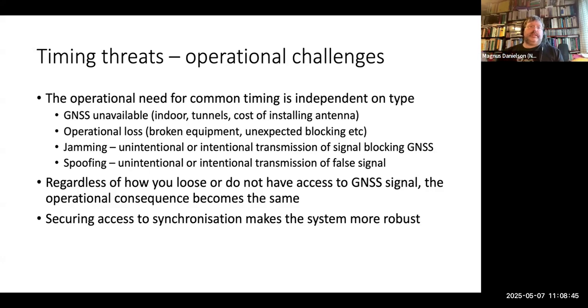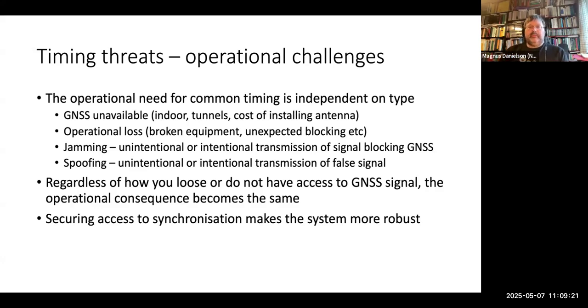So if GNSS is unavailable, you're indoors, in tunnels, there could be the cost of just installing an antenna. That could be a problem. There could be operational loss. You have broken equipment, you have a snapped antenna, unexpected blocking. We had too high water level in the antenna, snow on antenna, Christmas trees put on antenna and with snow on that, ice, whatever. There are a number of things that can fail.